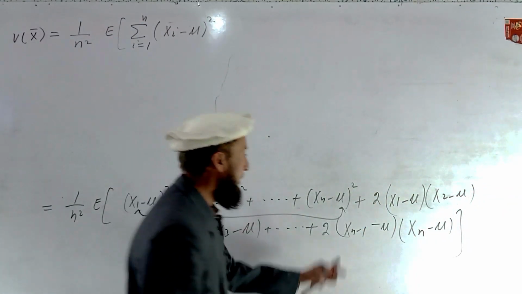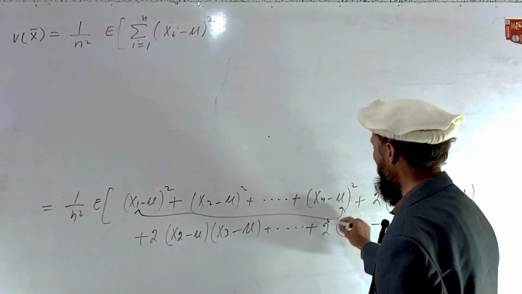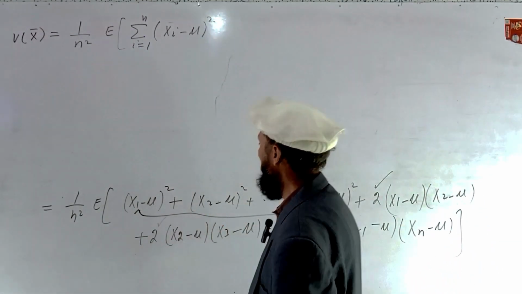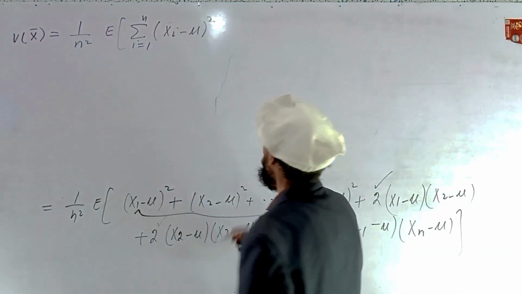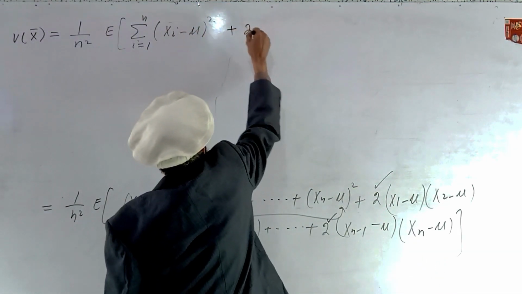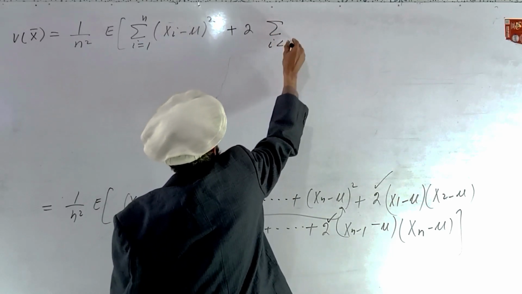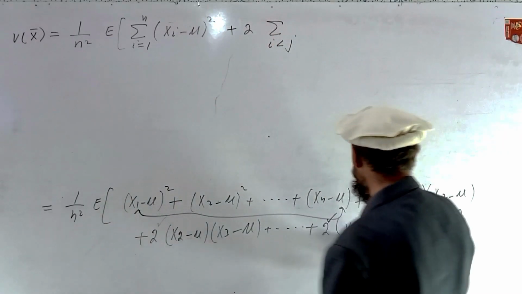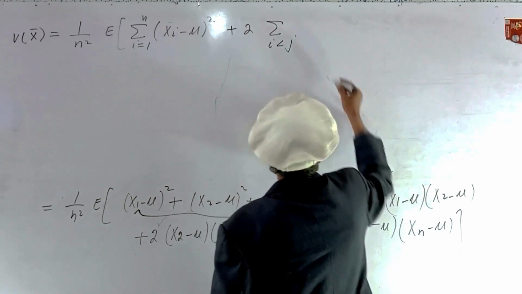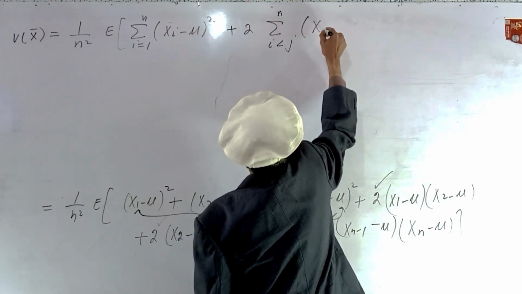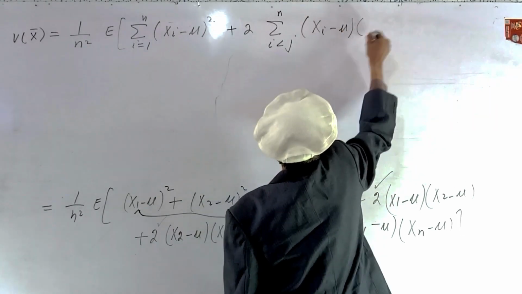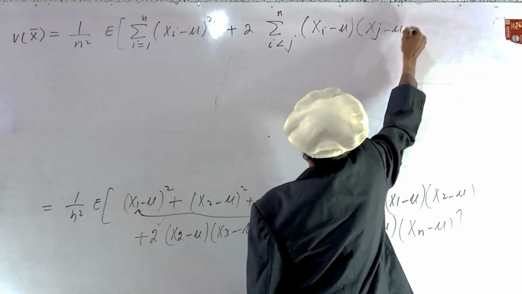And the product terms, where 2 is taken common from each term, we can also change into a summation. We can write plus 2 times the summation over i less than j of xi minus mu times xj minus mu.